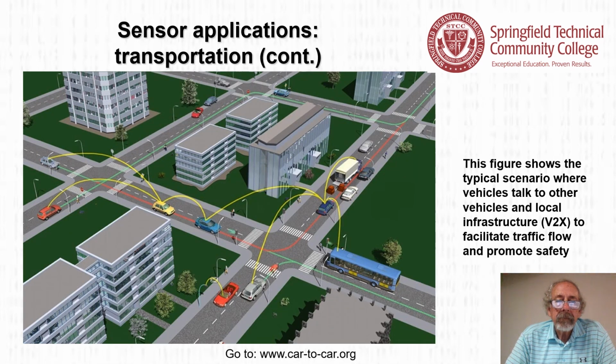Here's a graphic figure that shows a typical scenario of vehicles talking to other vehicles and local infrastructure. We call that V2X, vehicle to everything, to facilitate traffic flow and promote safety. And there's a link down here, www.car2car.org, where you might want to take a look.